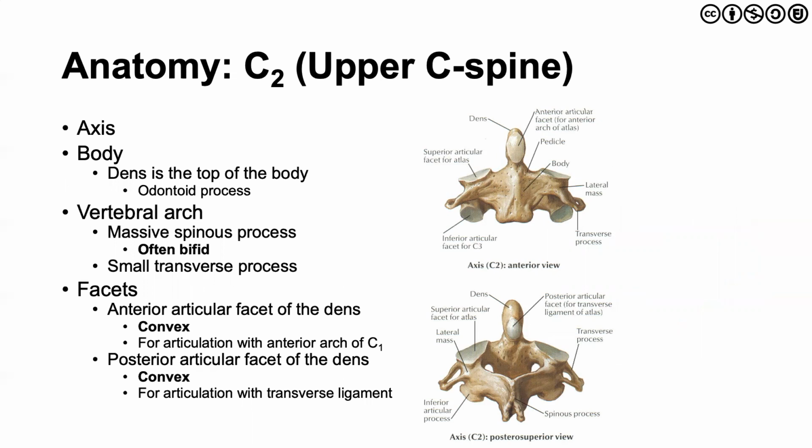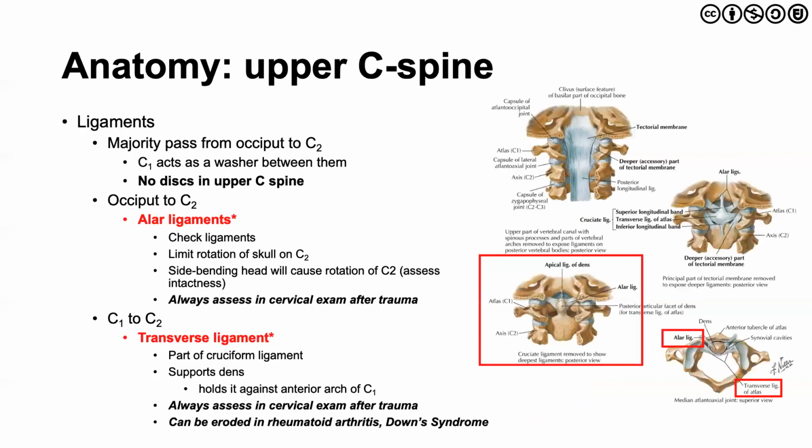And this is one of the reasons why we see such profound rotation occurring within the craniovertebral region of the cervical spine. There are facets here. Both the anterior and the posterior portion are convex, which allow for that articulation. Additionally, we see our transverse ligament here. We'll see that momentarily as we continue our investigation.